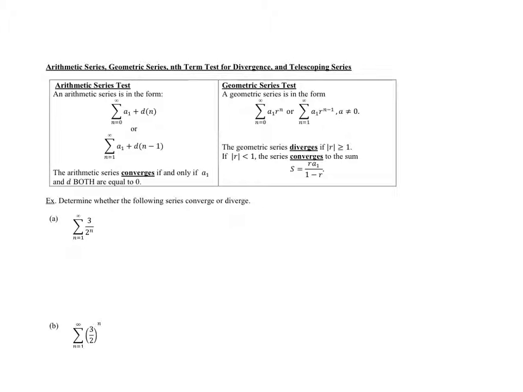An arithmetic series converges if and only if a sub 1 and d both are equal to 0. If you really think about what that means, in either of these two forms, it's telling us that the only way you're going to get a convergence on an arithmetic series would be if it's the sum of 0.